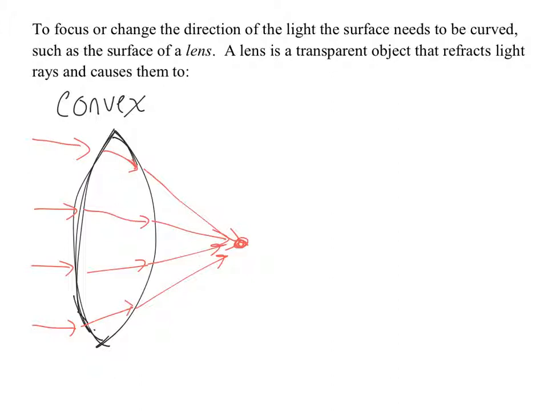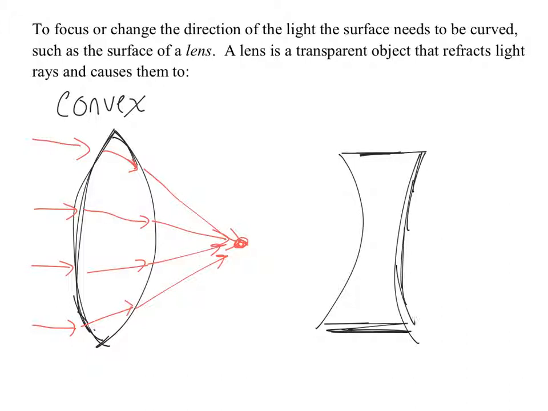What do you think the opposite of a convex lens is? Concave. Instead of converging the rays, what does it do to them? Expand, that works. Separate, that works.